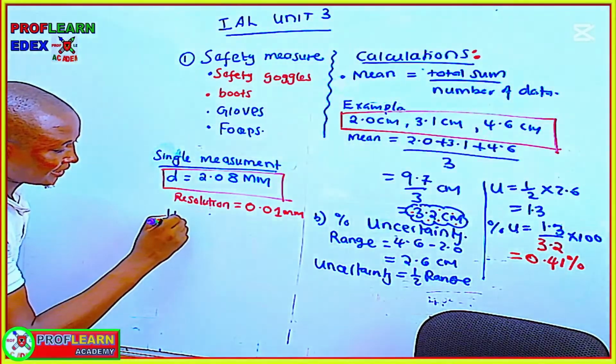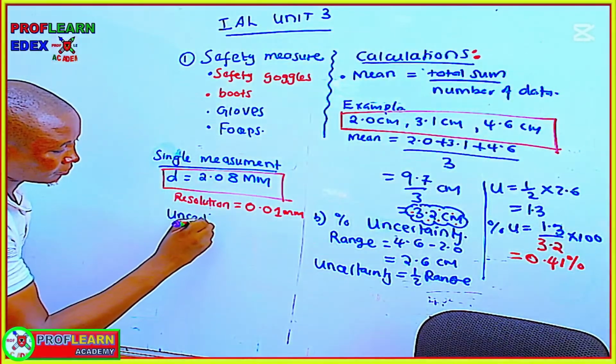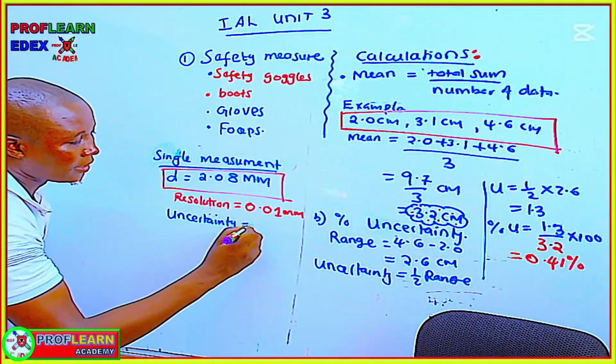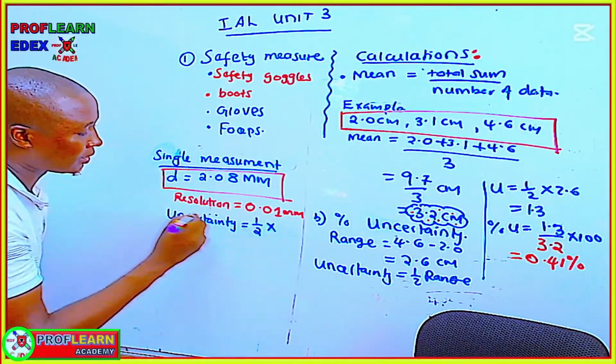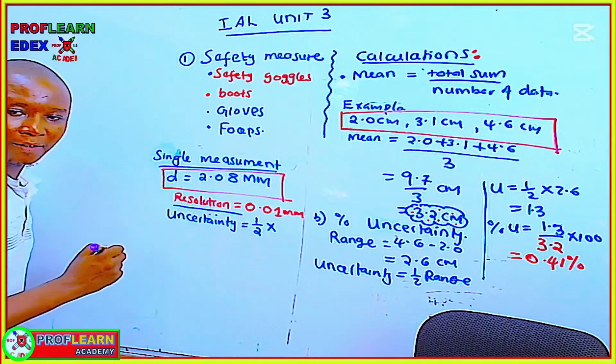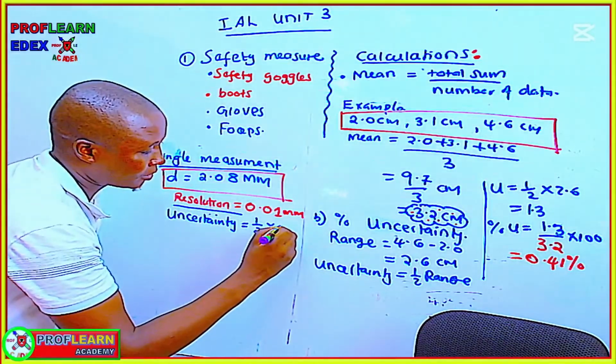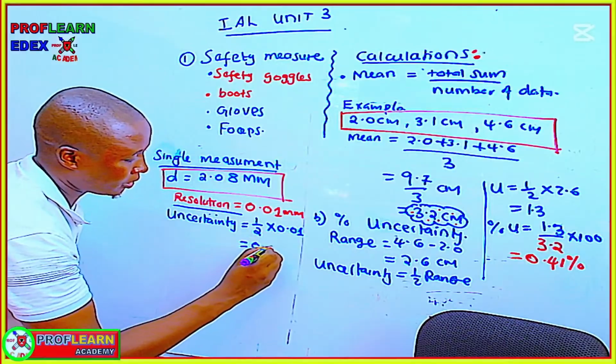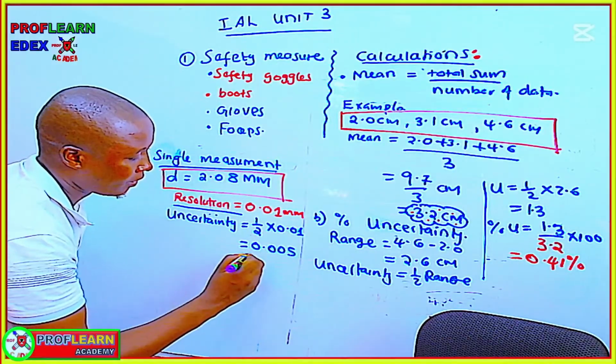So the uncertainty in this case is going to be a half times the resolution that we have, and that is a half times 0.01, and this is going to be 0.005 as the absolute uncertainty.